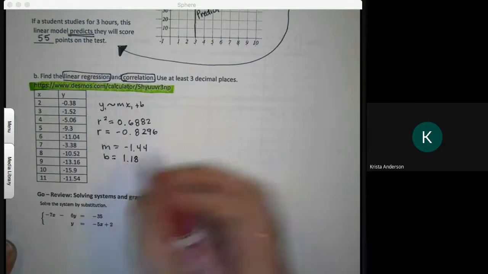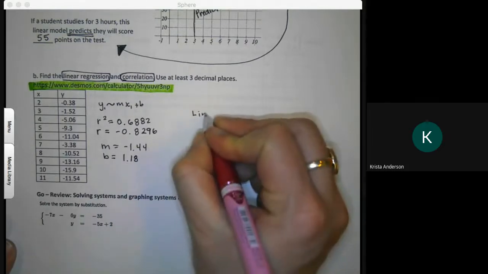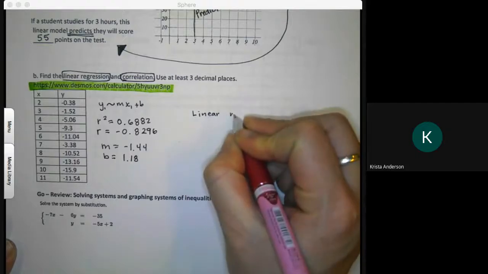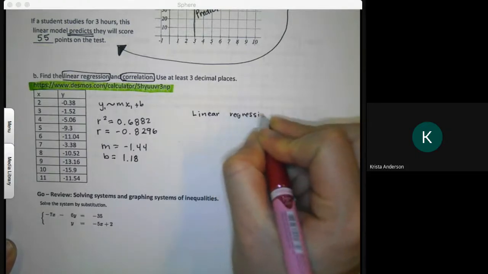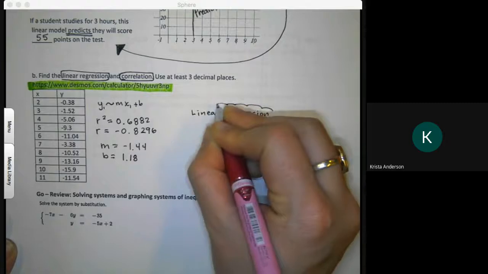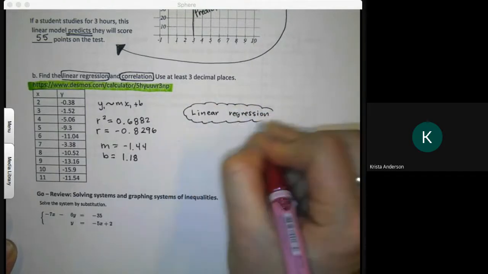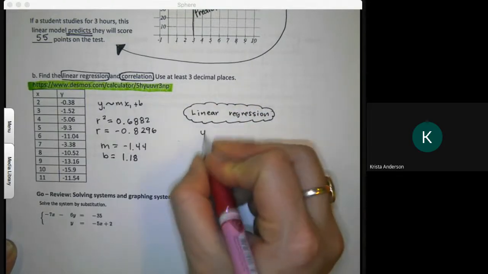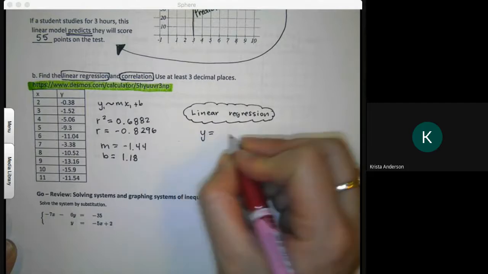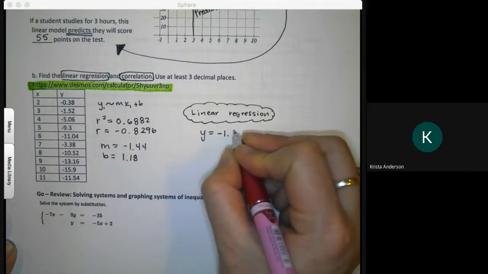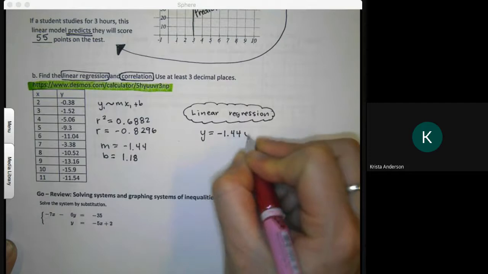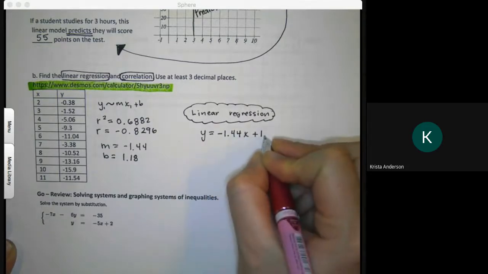From here, for the linear regression, we are creating the line of best fit. So I would say y equals mx plus b.